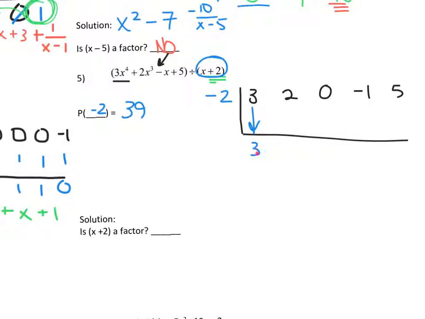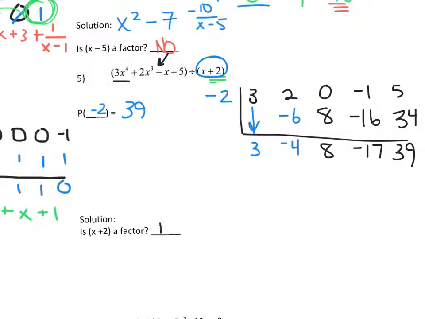So multiply diagonally. Negative 2 times 3 is negative 6. Add vertically, negative 4. Negative 2 times negative 4 is 8. Add vertically, 8. Negative 16, negative 17. Negative 2 times negative 17 is 34. 5 plus 34 is 39.